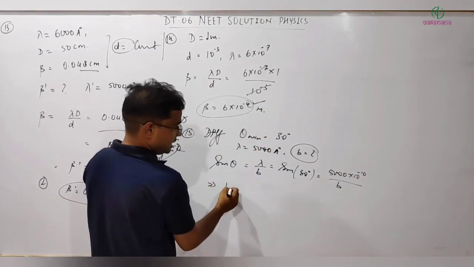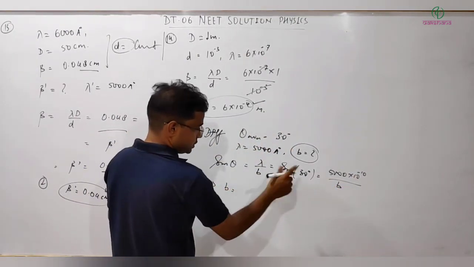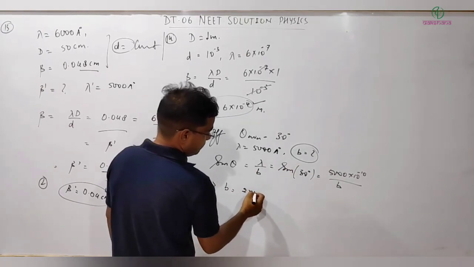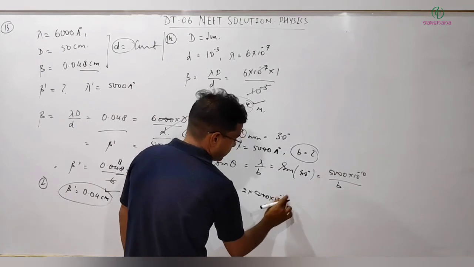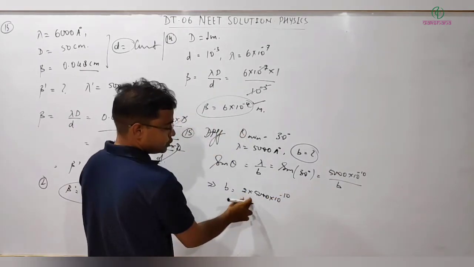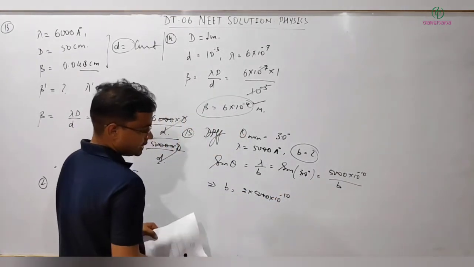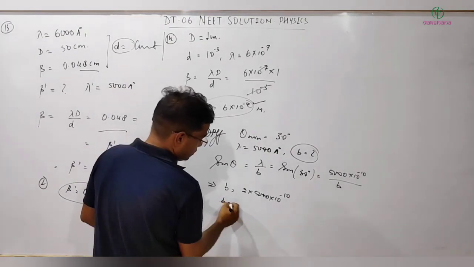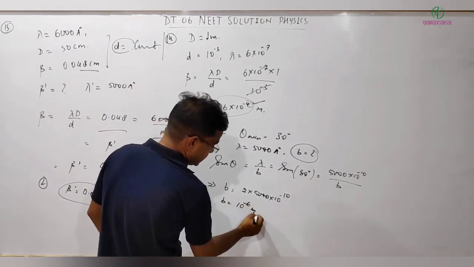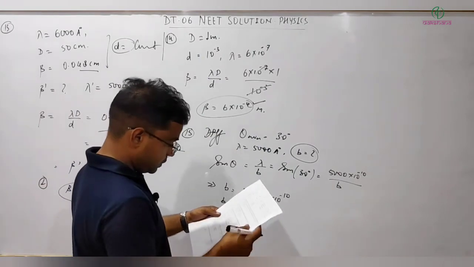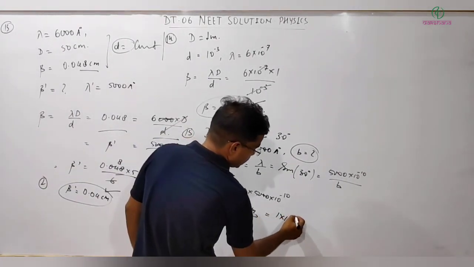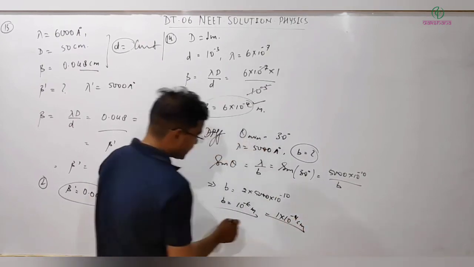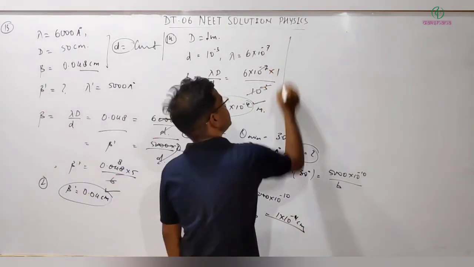Solving it, b is equal to 2 multiplied by 5000 into 10 to the power minus 10, which is 10 to the power minus 6 meter. That's also equal to 1 into 10 to the power minus 4 centimeter. Answer. Question number 16.